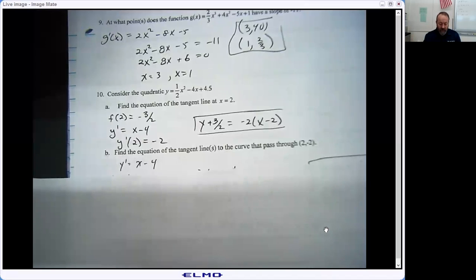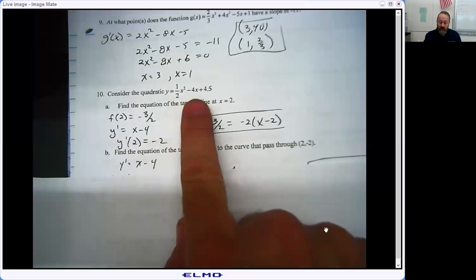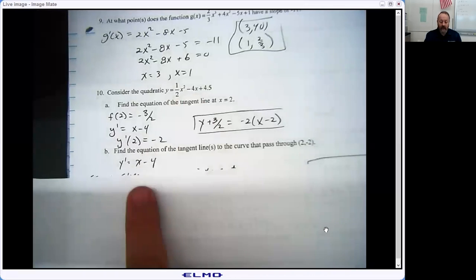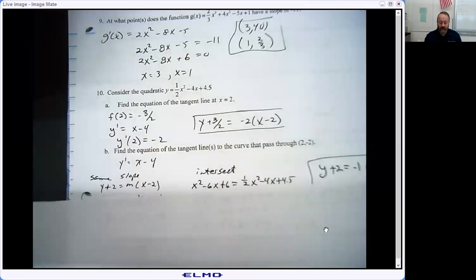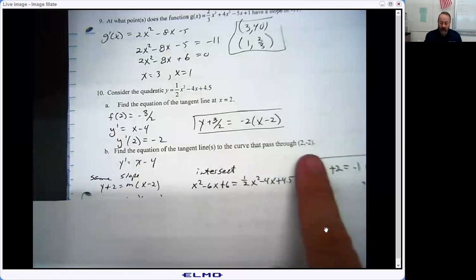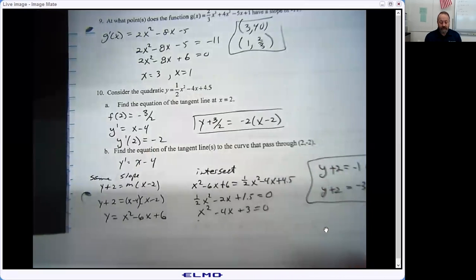So I first went in and I took the derivative of this, and I got y prime is x minus 4. But I also know that I wanted it to go through the coordinate 2, negative 2.